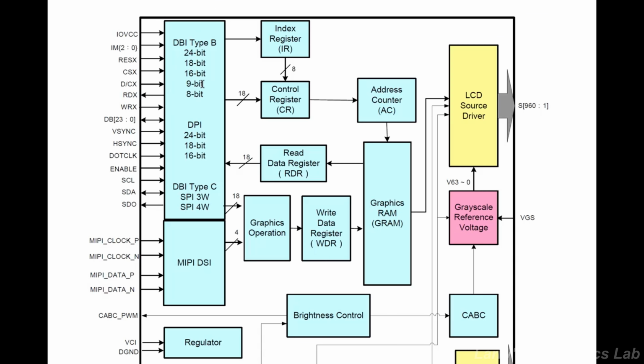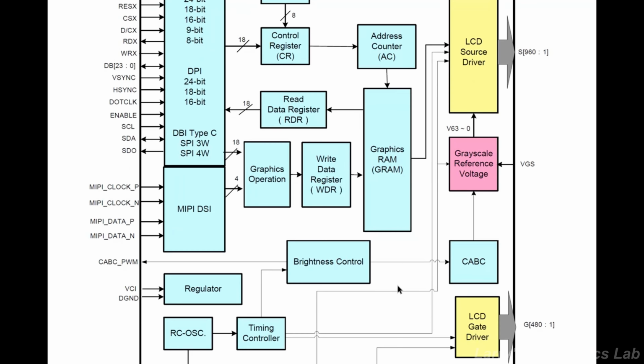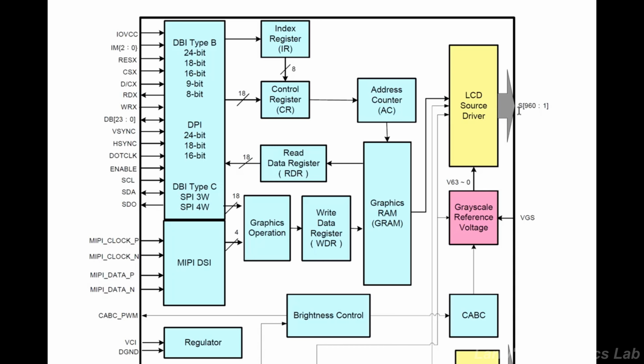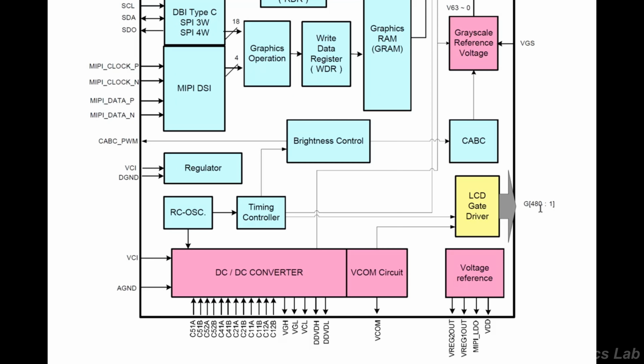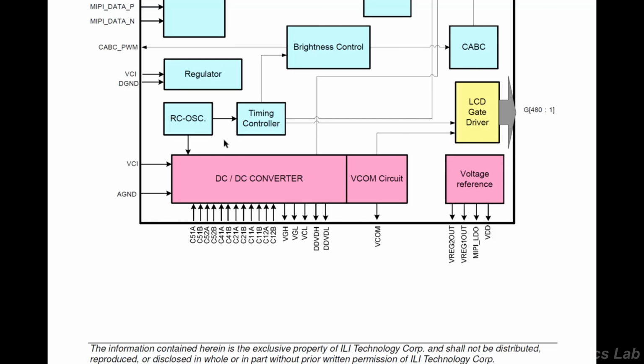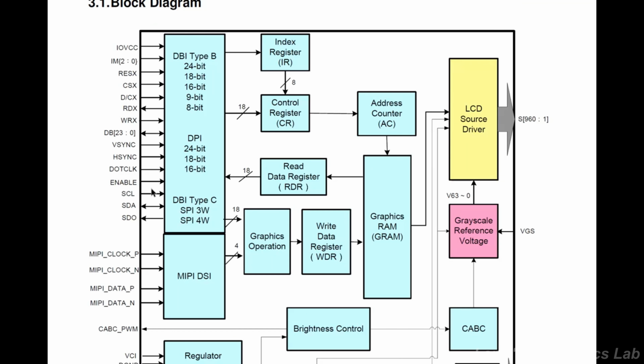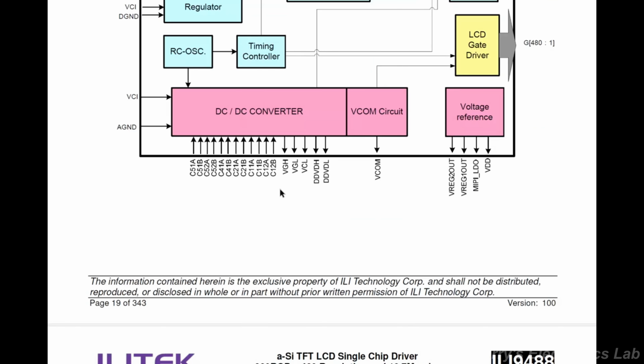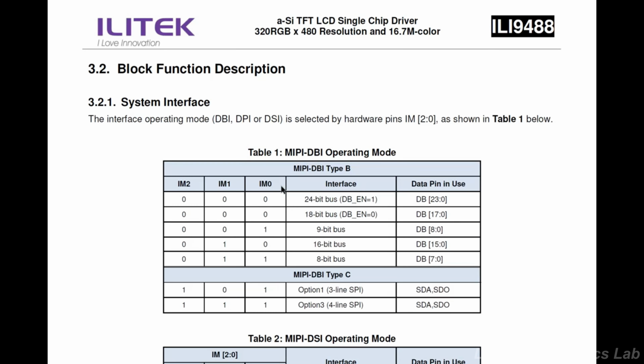You have the different interfaces, and this is how it works internally. This is the graphics processor. It has like 960 pins, and a bunch here because it's like a matrix. But that's all internal. We're just talking to this interface here, right? Just writing through the data bus, just like any other device, memory or whatever.